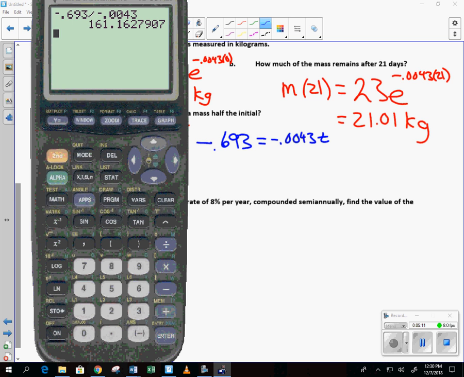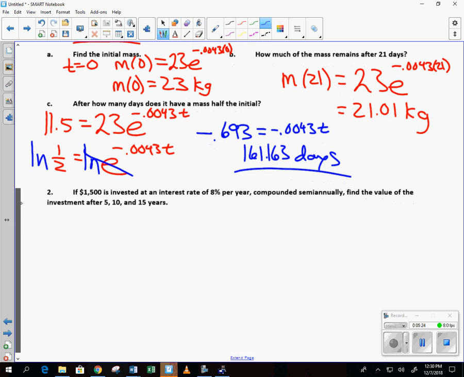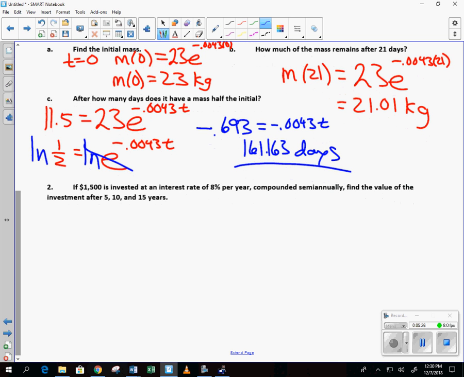And I get 161.163. So it's going to take about half a year for it to decay to a point where it's half its initial mass. Okay.